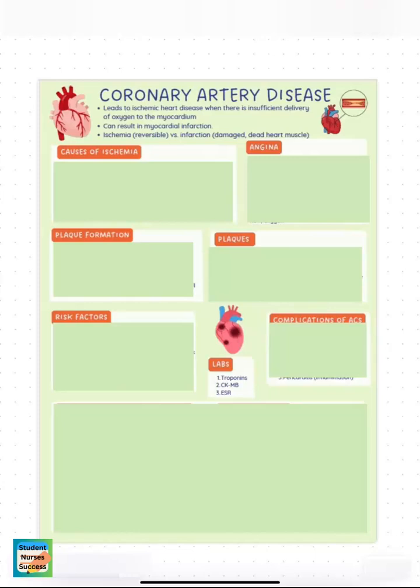This decreased blood flow to the myocardium can result in death. So part of the heart muscle can actually die if it doesn't get enough blood flow. Now there's two things, there's ischemia and there's infarction. Ischemia is reversible. Ischemia is lack of blood flow. That lack of blood flow does cause pain. We often talk about that as chest pain or angina.